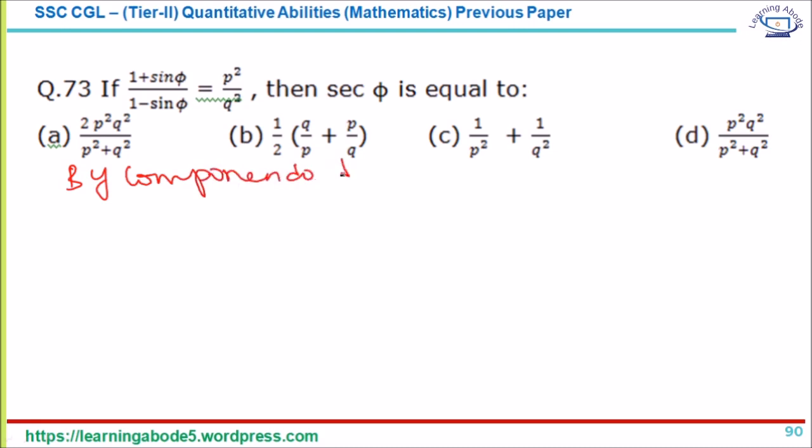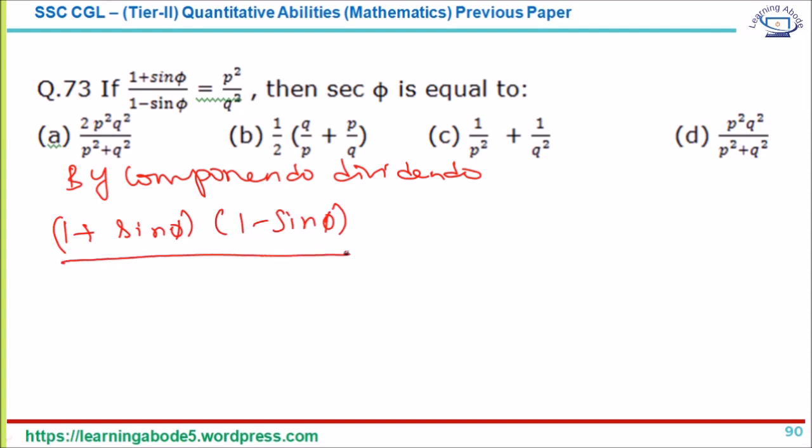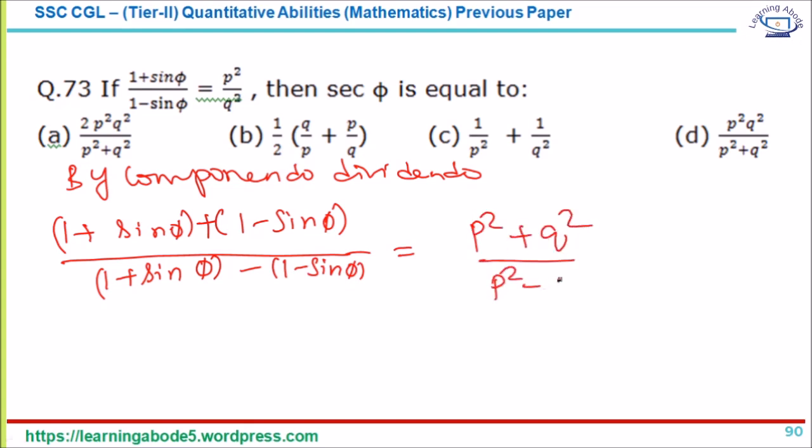We can use componendo dividendo here, by which this will be 1 plus sin theta plus 1 minus sin theta by 1 plus sin theta minus 1 minus sin theta. Now this side will be p square plus q square by p square minus q square. So now this sin theta and sin theta will get cancelled.